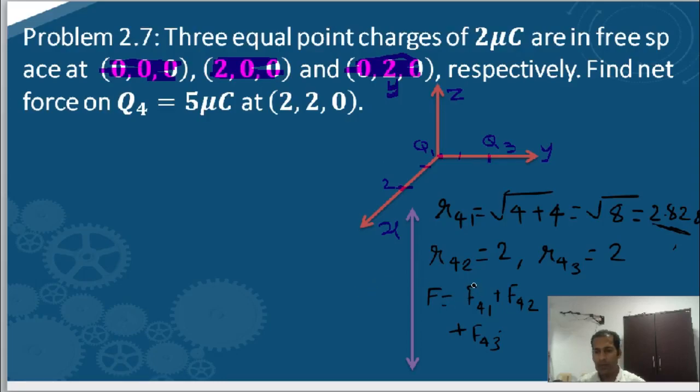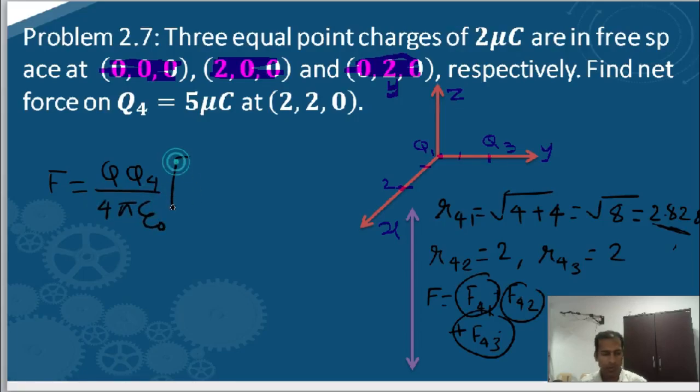Similarly we can find these three forces, and we have to add them to find the overall force. So the overall force: Q4 is common for all, divided by 4 pi epsilon naught, this is a constant.